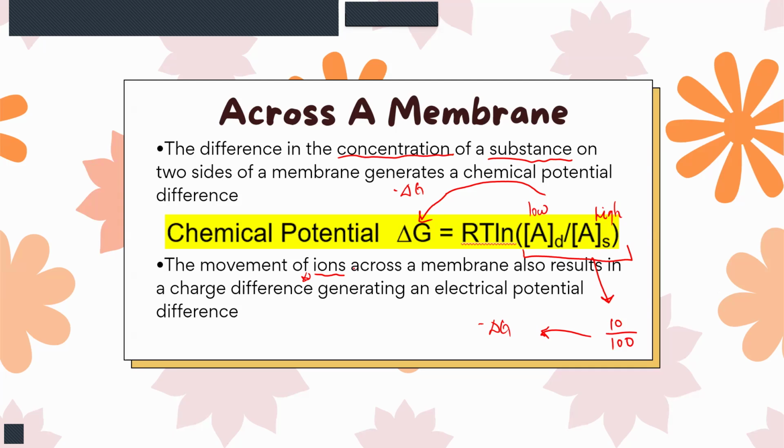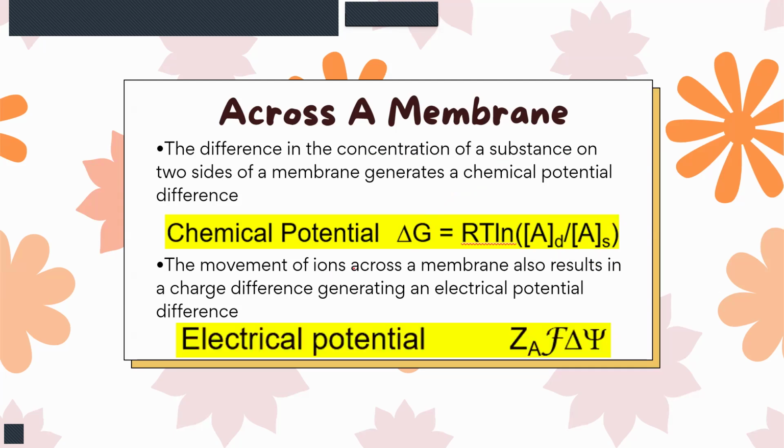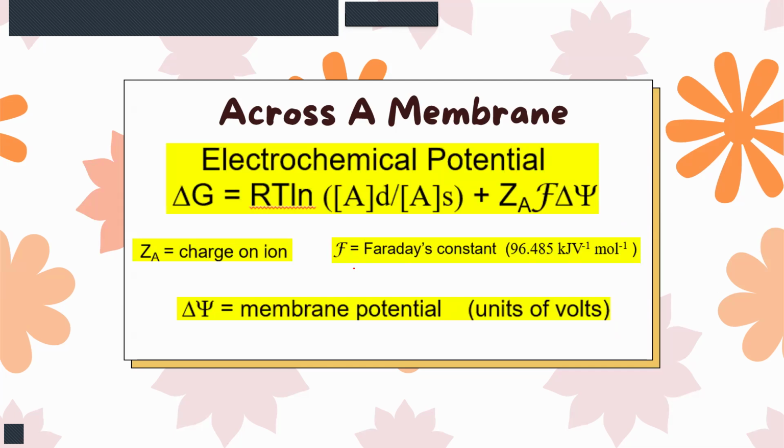Now, that alone is going to generate an electrical potential difference, which we have to account for and which we can calculate using Faraday's constant. So that is known as our electrical difference. And we combine those two things together to make this equation to look at what's known as our electrochemical potential.